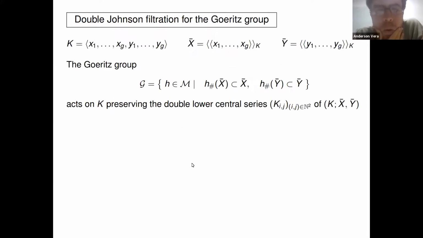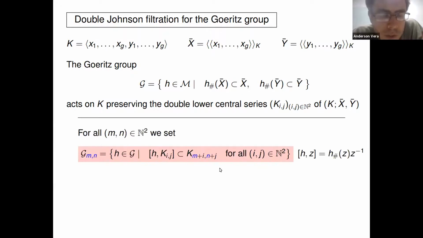Okay, so now we want to define the double filtration of the Goeritz group. We define this by the following conditions. We consider the elements in the Goeritz group, and the Mn term of this double filtration will be given by the elements in the Goeritz group satisfying an infinite number of commutator conditions.